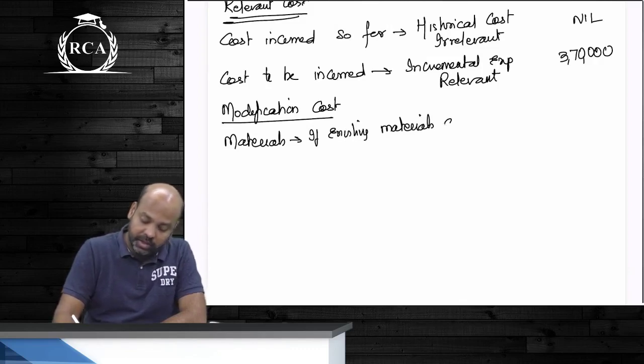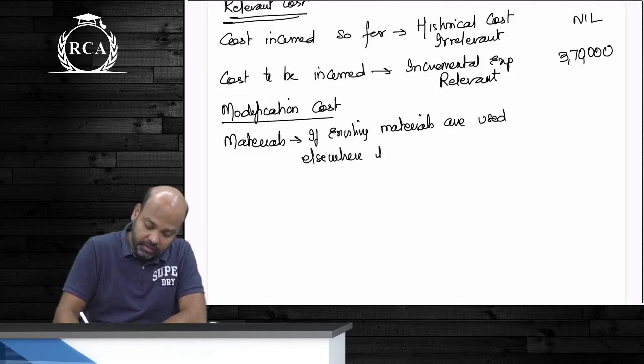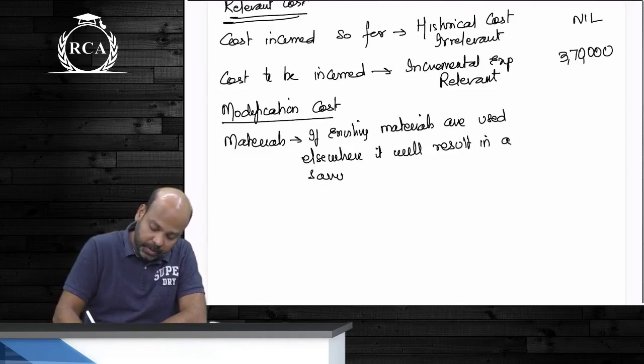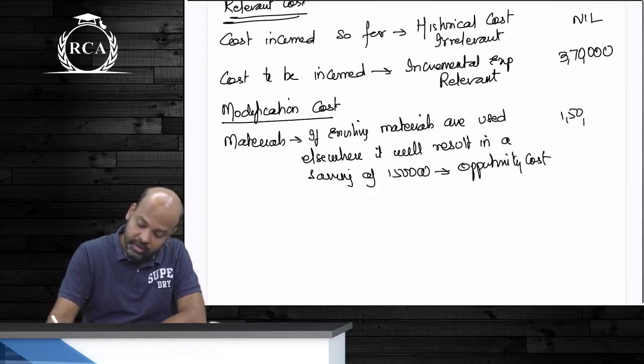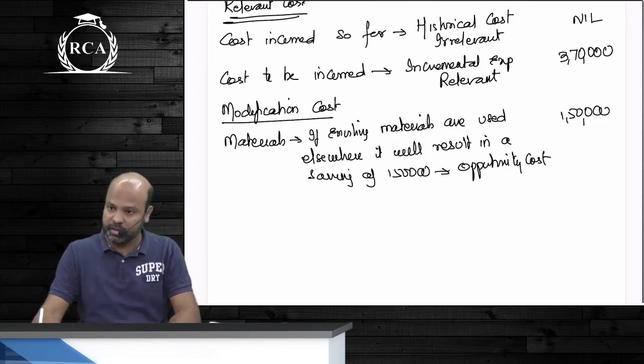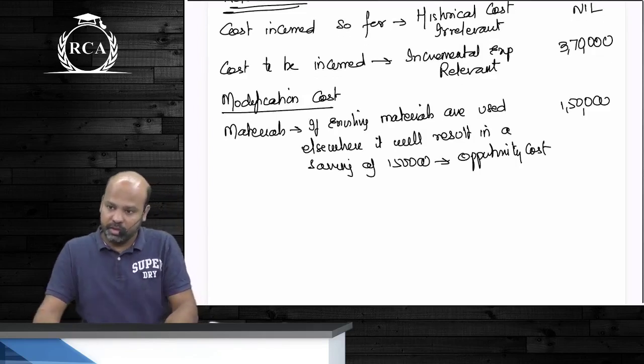If existing materials are used elsewhere, it will result in a saving of how much? 1,50,000, which will now be considered as what? Opportunity cost.